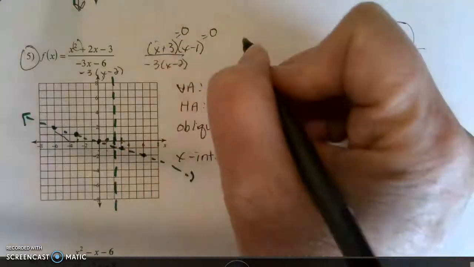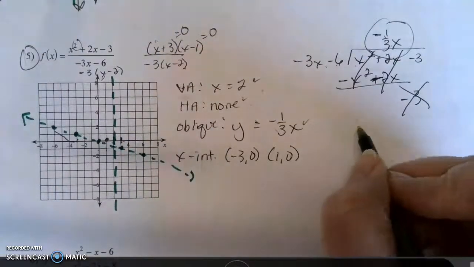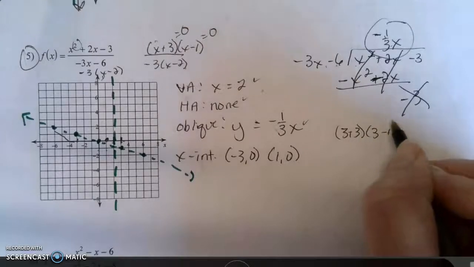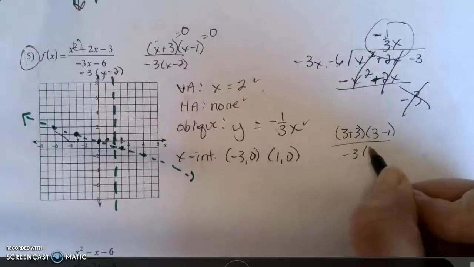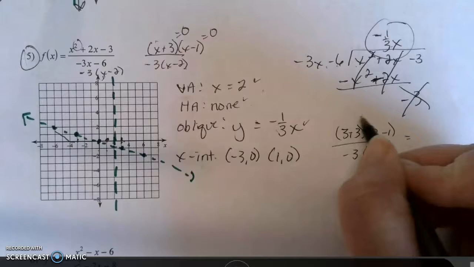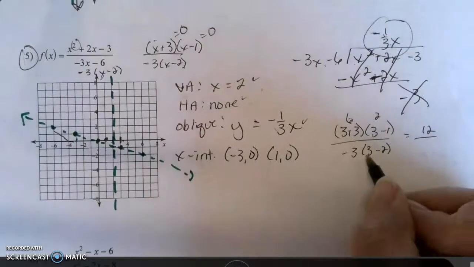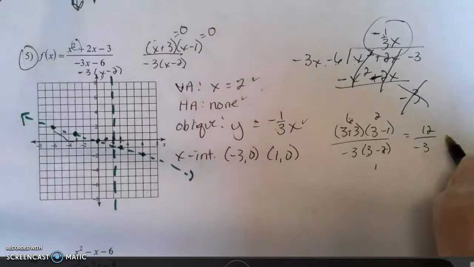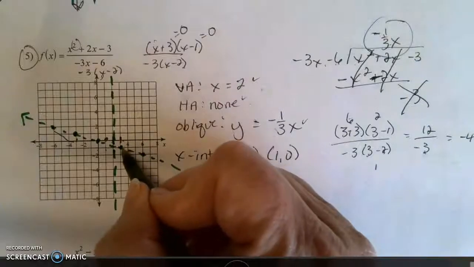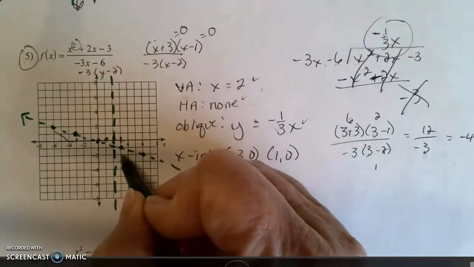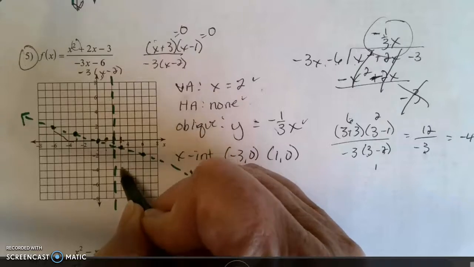So 3, I'm going to plug in 3. 3 plus 3, 3 minus 1, and 3 minus 2. One, 2, 3, 4.